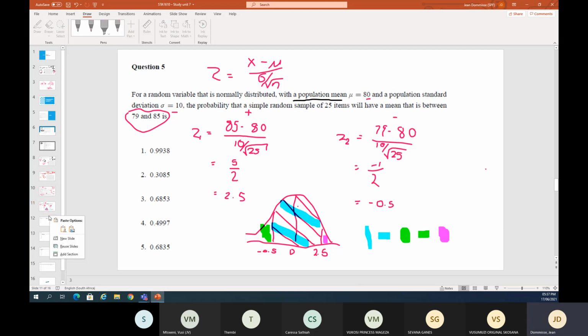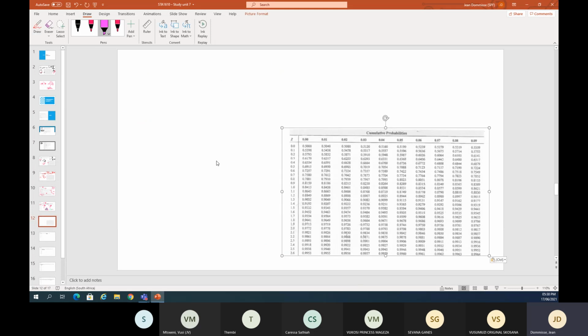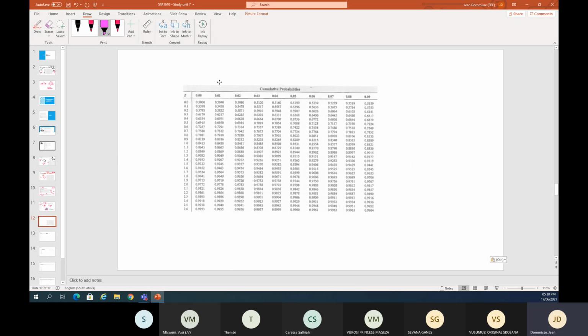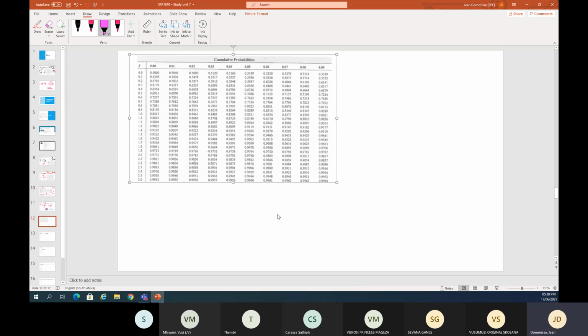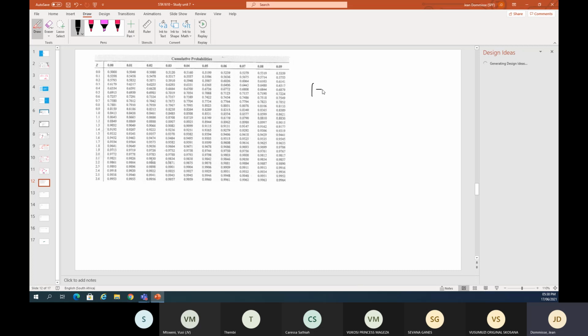Let me just see if that was nearly the one way we could have done it. We look at 2.5.